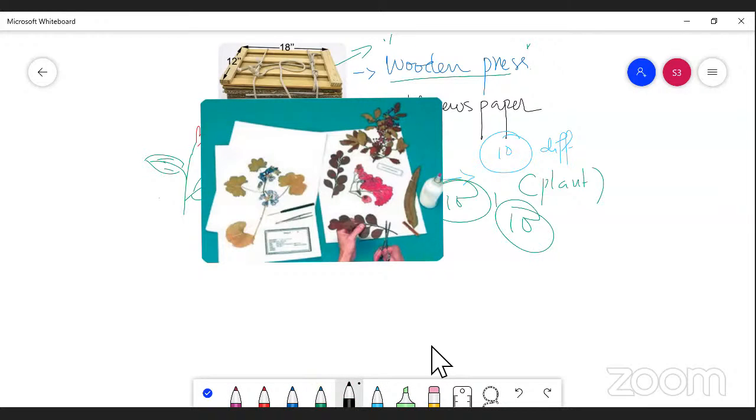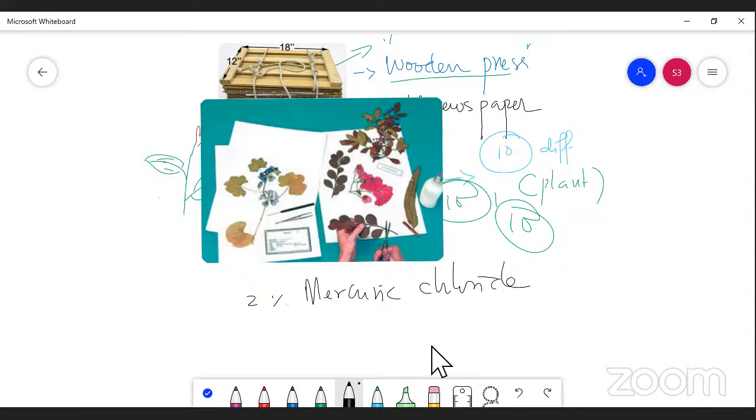They are 2% mercuric chloride. Right? What is the role of this 2% mercuric chloride?